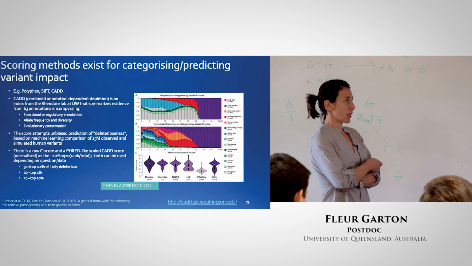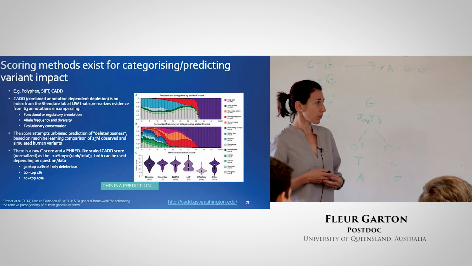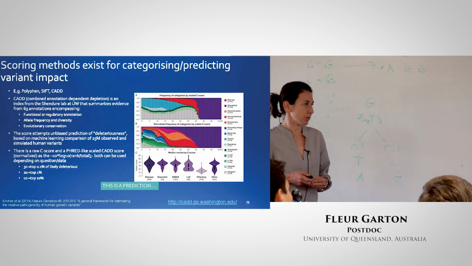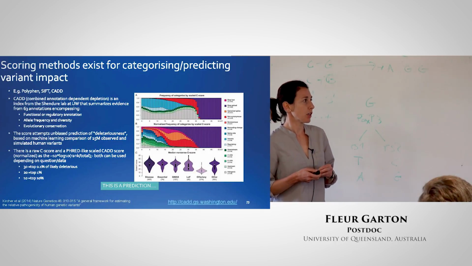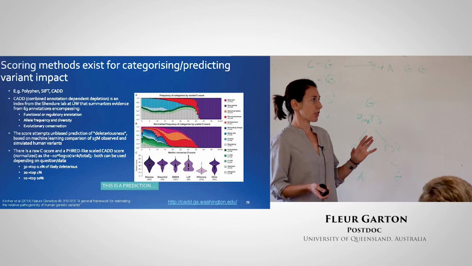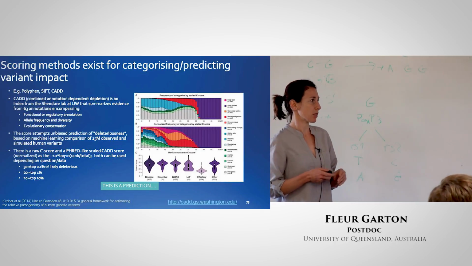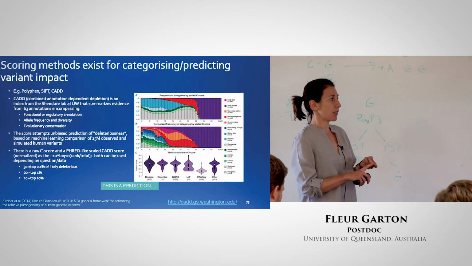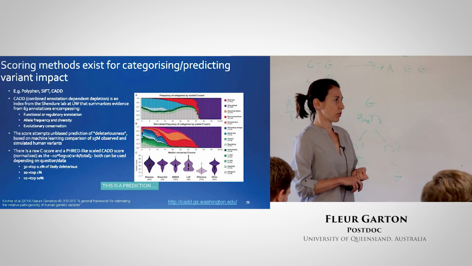This stands for Combined Annotation Dependent Depletion. It's a measure from the Shendure lab at the University of Washington, and this basically summarizes evidence from 63 different annotations, which encompasses functional or regulatory annotation, allele frequency and diversity, and also evolutionary conservation.